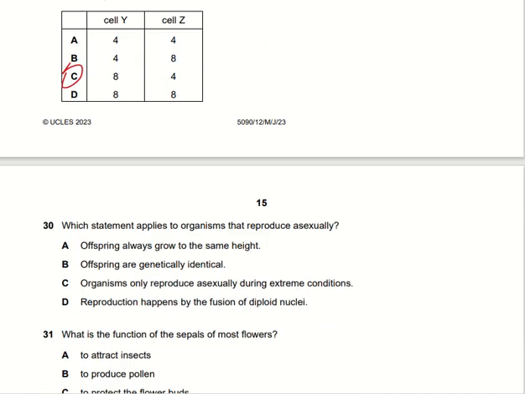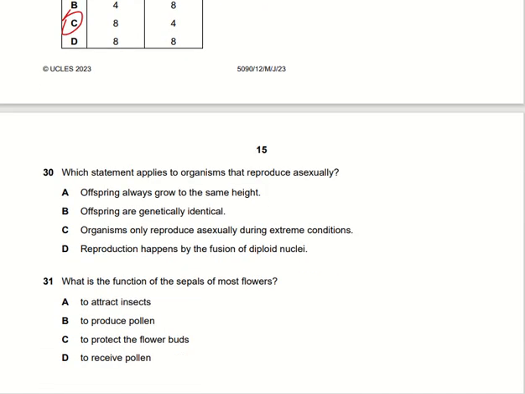Which statement applies to organisms that reproduce asexually? Offsprings always grow to the same height. They do not always grow to the same height. This is wrong. Offsprings are genetically identical, yes. Whenever they are reproduced by asexual means, they are always genetically identical.